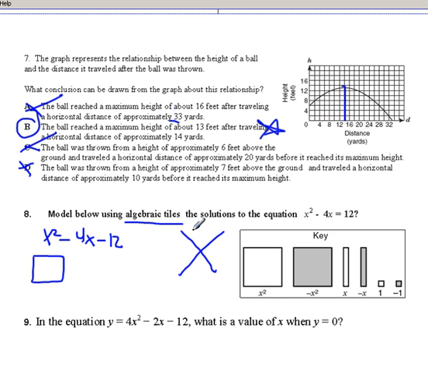Let's see what we got here. So negative 4. So we got 1 and 12. Looks like it's going to be 2 and 6. So we need negative, so we need 6 negative x's shaded in.